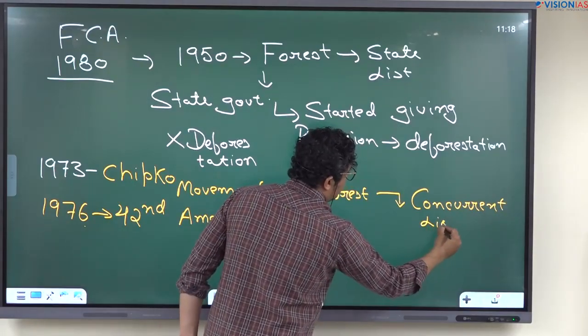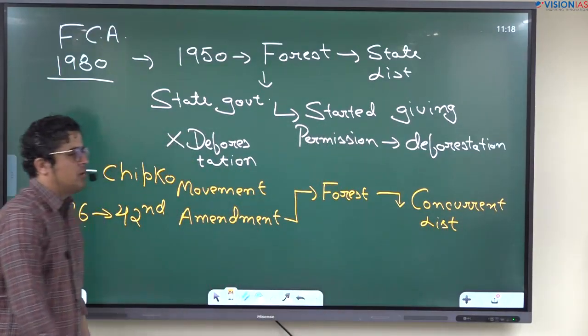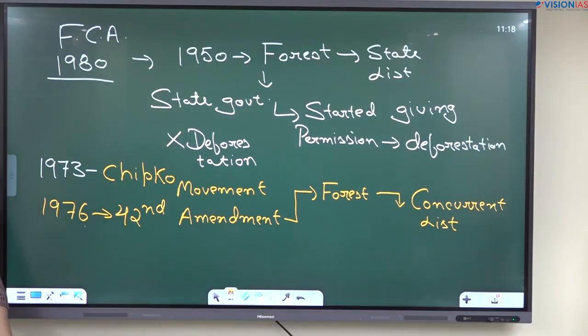Instead of the state list, it was shifted to the concurrent list. What does it mean? If a subject comes under concurrent list, both state government and central government can take a decision. But priority would be given to central government. If central government makes an act on forest, priority would be given to their act.